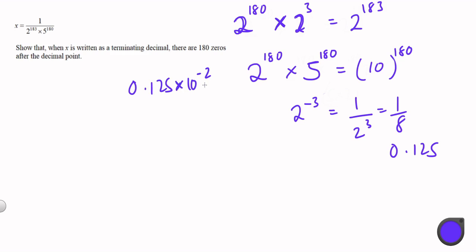I know this is not standard form, but what happens then, the decimal point moves 2 to the left. Let me show you. That decimal point will go 2 to the left, 1, 2. It's here now. Fill in the empty space with the 0, and don't forget before the decimal point there's another 0.